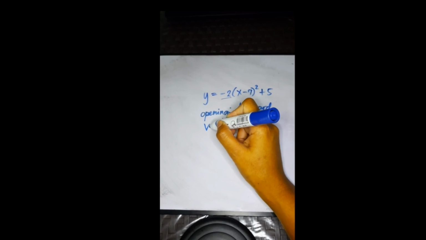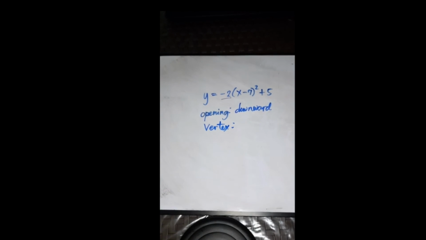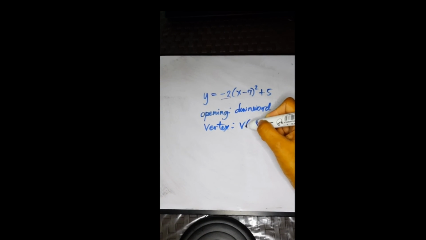And what is that vertex? What is the coordinate of our vertex? The coordinate of the vertex is determined by hk, by the coordinates hk. And in the given function, what is the value of our h? Yes, our h is 7. How about our k? Yes, +5.